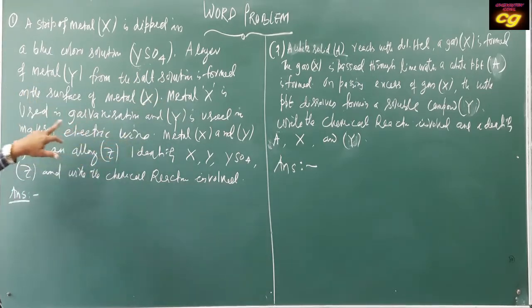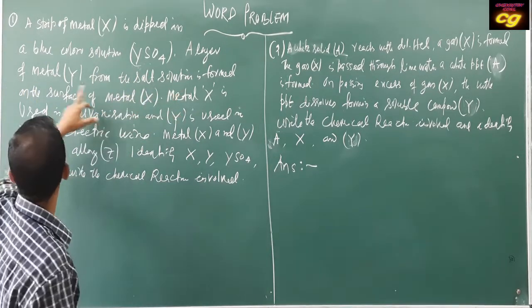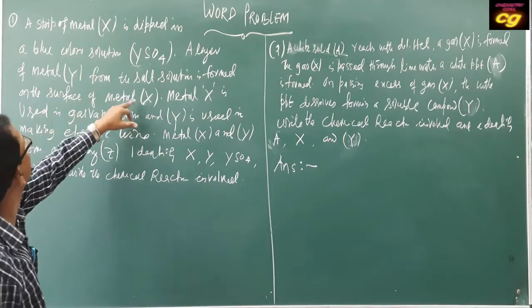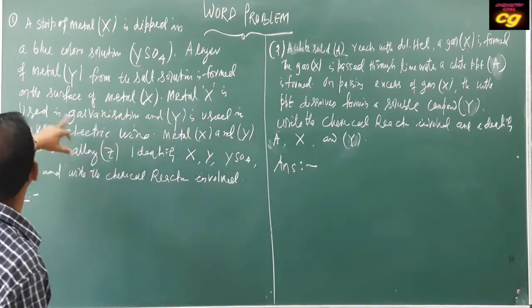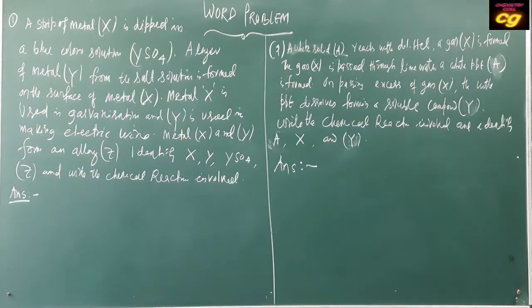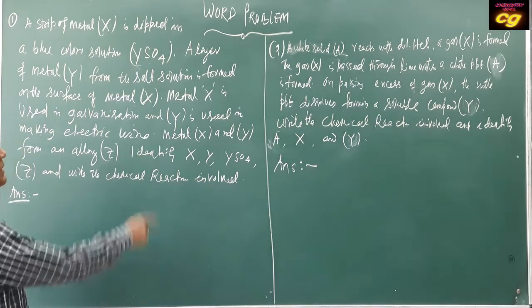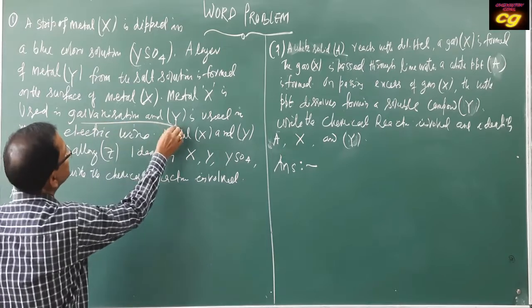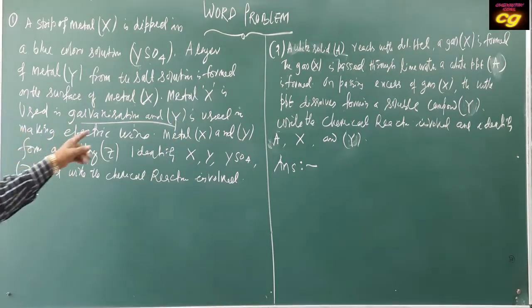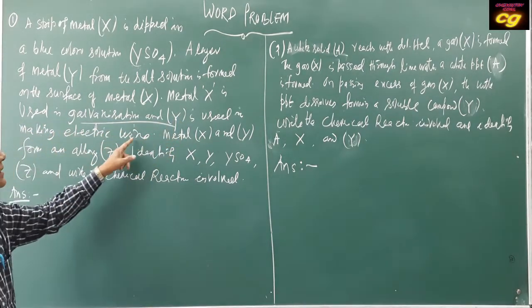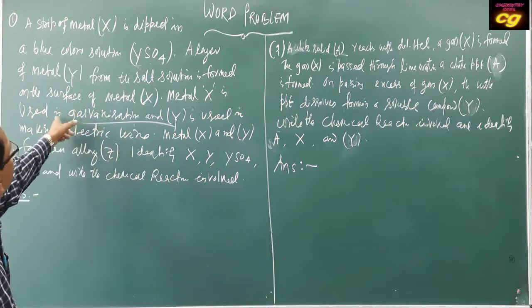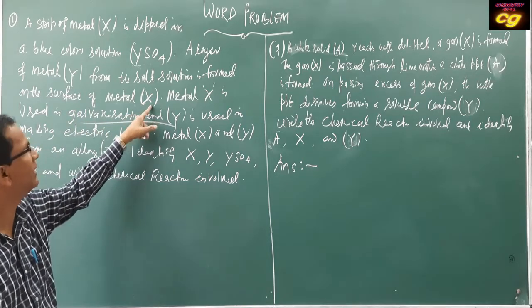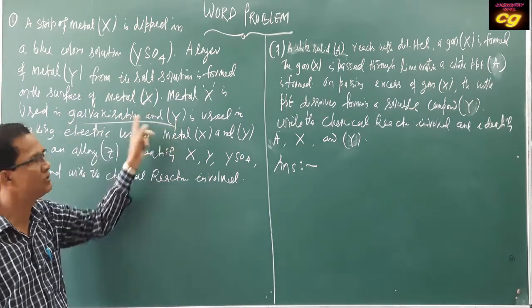Metal X is used in galvanization and Y is used in making electric wire. That means X is used in galvanization and Y is used in electric wire.